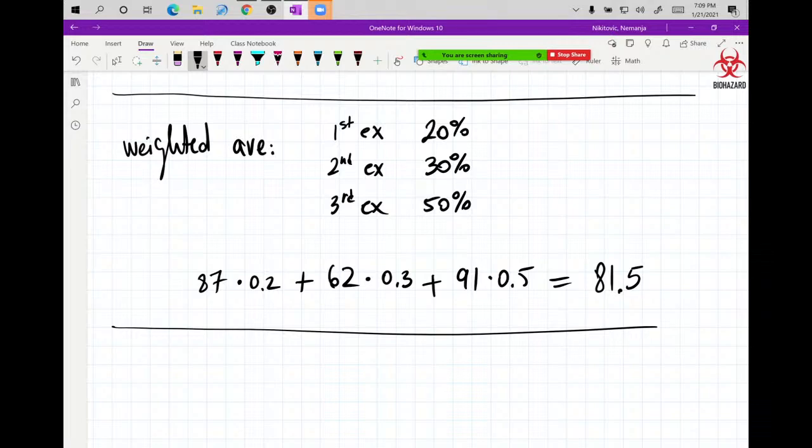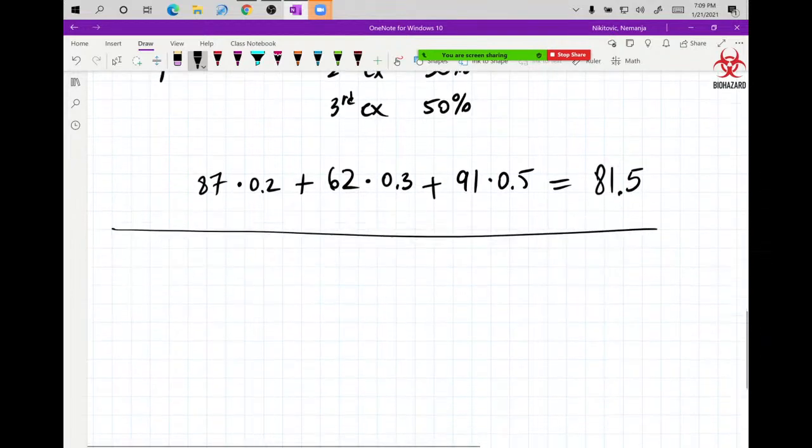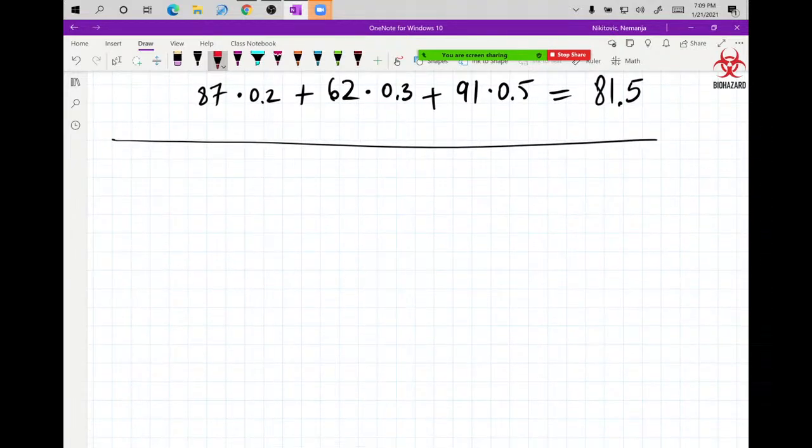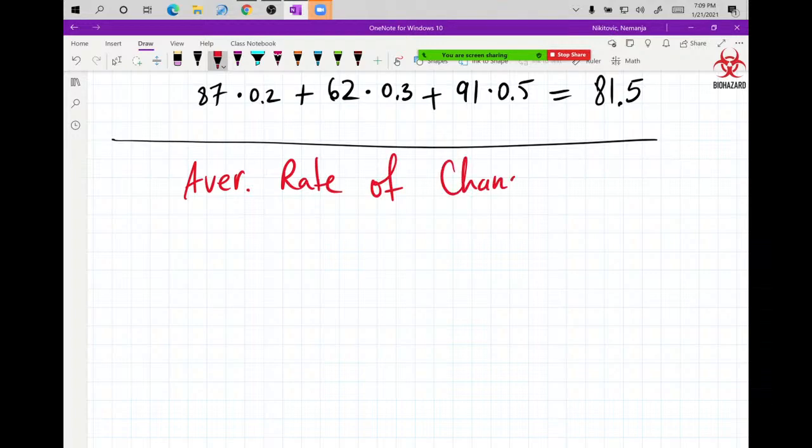Now we want to learn about the average rate of change, which is another type of average, which is a step higher than your slope, and the slope is this basic average.